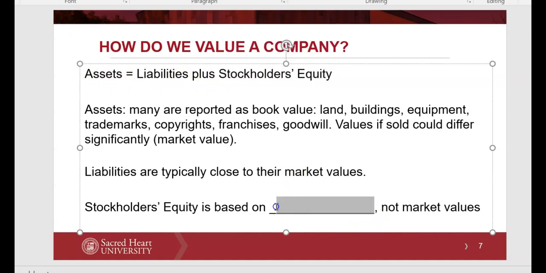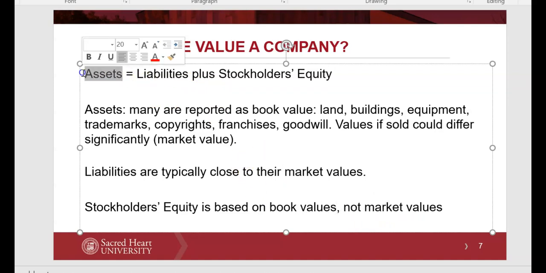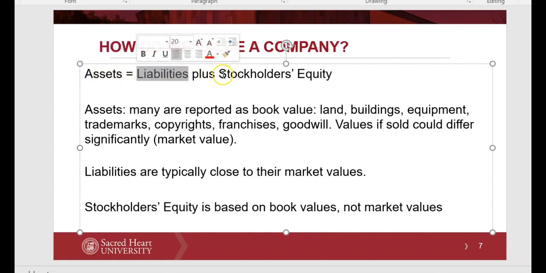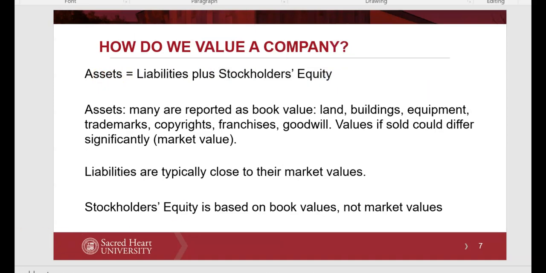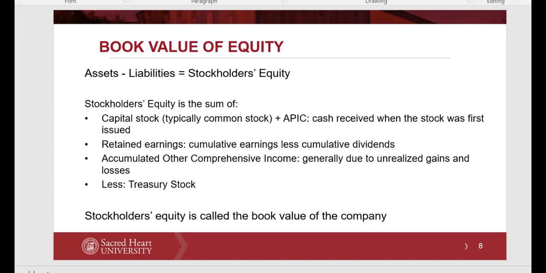Stockholders' equity is based on book values, not market values, right? Assets are based on mostly historical costs. Liabilities are fine, but if the assets are mostly on historical costs, stockholders' equity is going to be based mostly on historical cost. And that's the reason why stockholders' equity might differ dramatically from the market value of a company's equity.